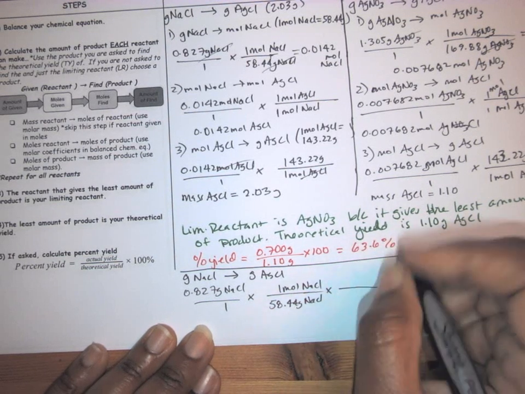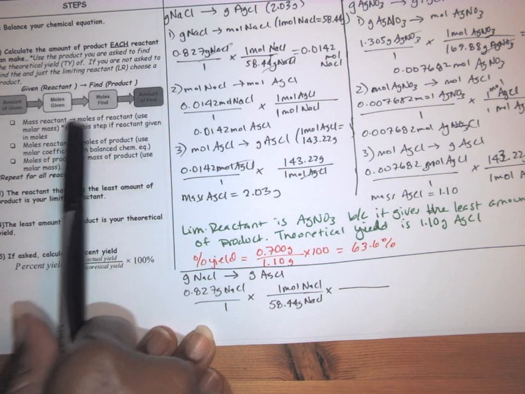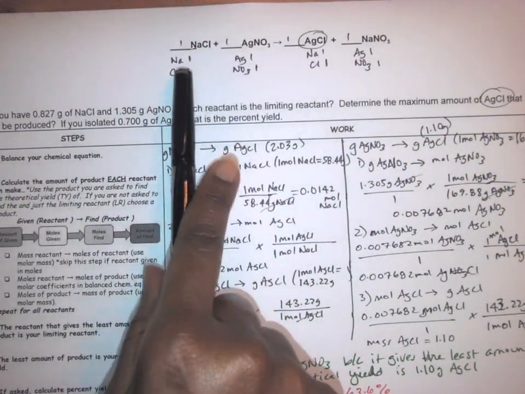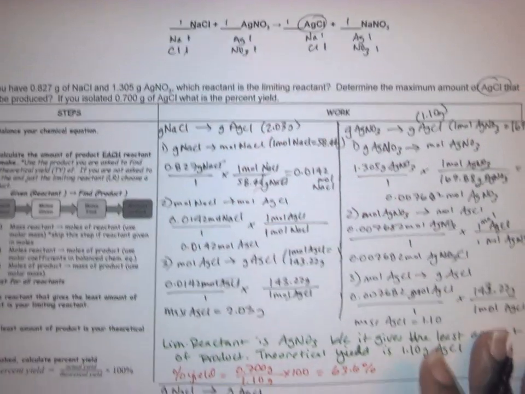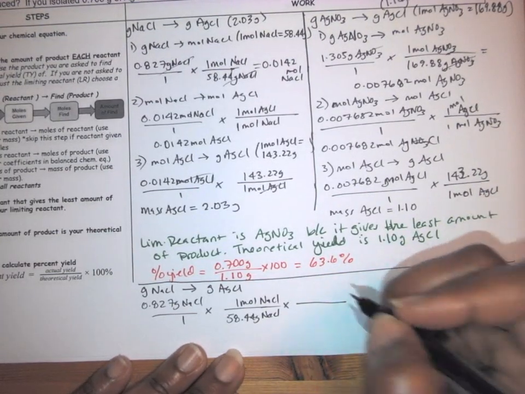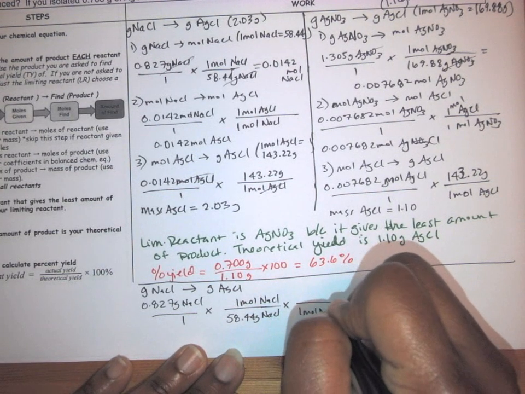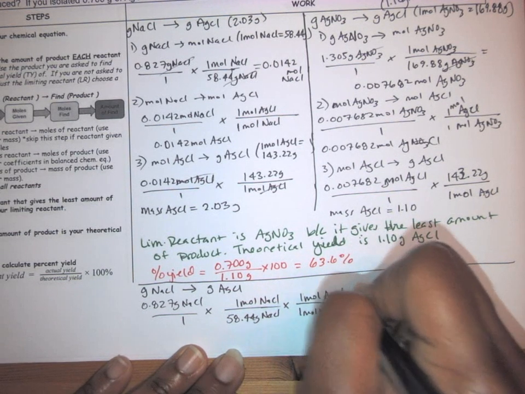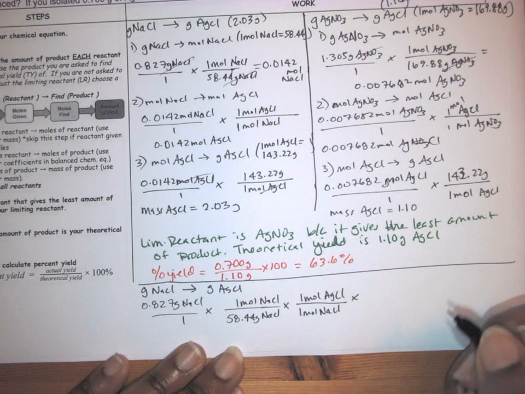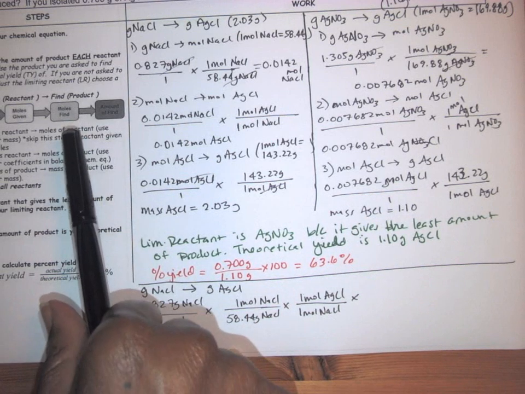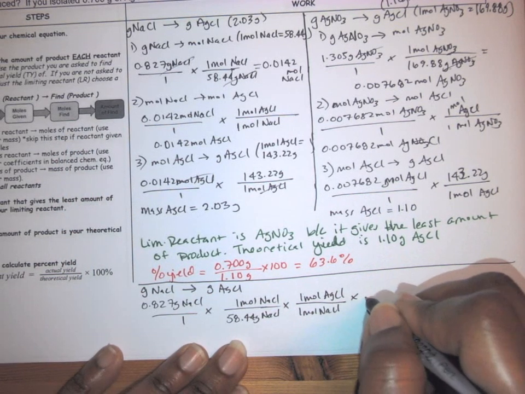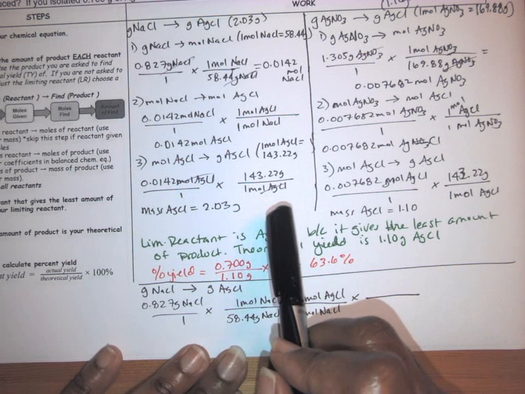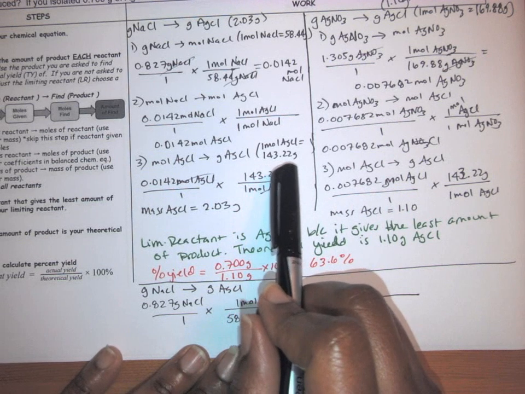The second part is to go from moles of given to moles of find using the coefficients in the balanced chemical equation. These coefficients are all 1, so that would be 1 mole of NaCl and 1 mole of AgCl. The last part is to go from the moles of find to the mass of find using the molar mass of silver chloride, AgCl, which is 143.22 grams.